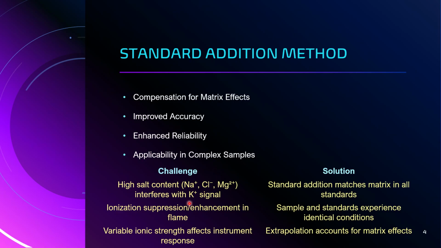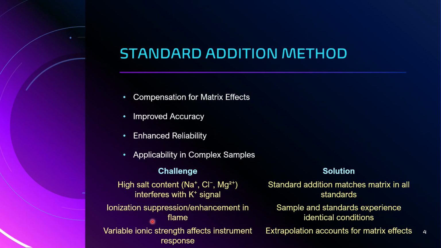Okay, so these are the challenges that are dealt with by the standard addition method. If you have a high concentration of interfering ions such as sodium, chloride, magnesium ions, the standard addition method matches your standard matrix with the sample one.